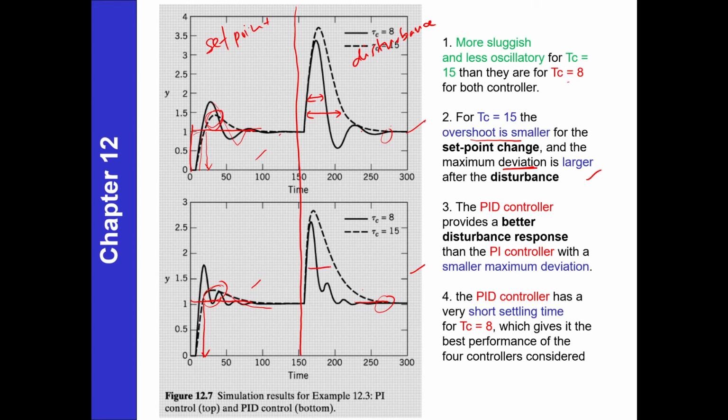For tau c equal to 15 compared to tau c equal to 8, tau c equal to 15 has a larger deviation. And for the PID, it is a better response for disturbance because the deviation is smaller.